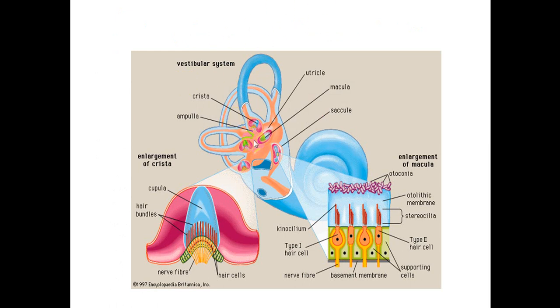We have the maculae or otolith membranes. These are the otoconia, or calcium carbonate crystals, at the top of the otolith membrane. These crystals or otoconia sometimes shear off and become dislodged from this membrane and fall into the semicircular canals.